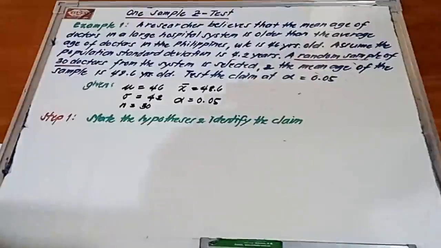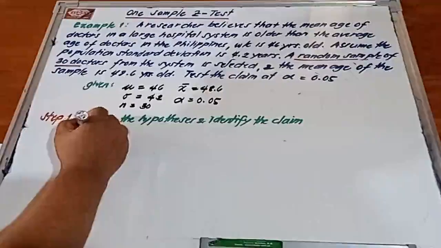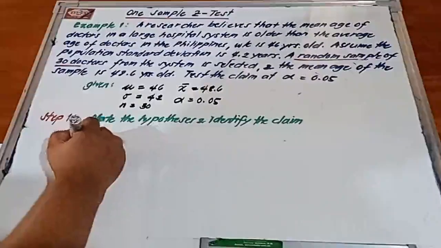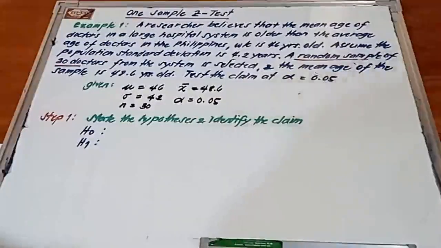Now, so alamin natin yung kanyang null hypothesis at yung kanyang alternative hypothesis. Now, yung ating null hypothesis, ibig sabihin nun, statement yon na yung ating sample mean do not differ from our population mean.